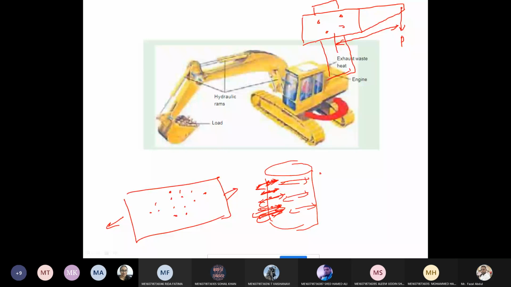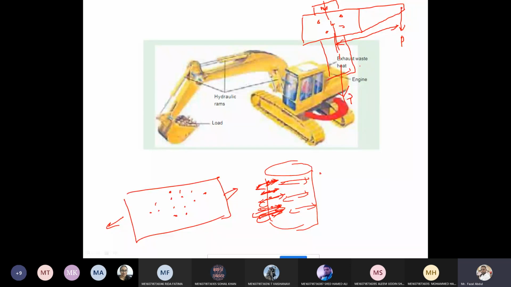Eccentric loading means the application of load does not pass through the center of gravity. For this riveting system, this is the center of gravity. If we apply the load here, passing through the centroid of the riveting system, this is direct loading. But we are applying the load some distance away.